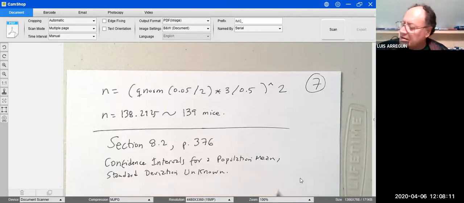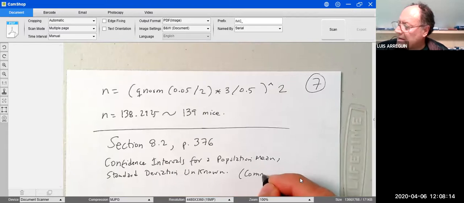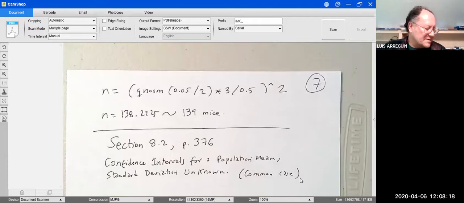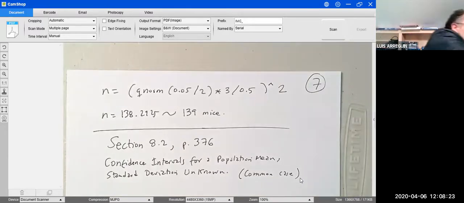So this is the common case. The previous case that we just were on is the rare case. It's not what usually happens.